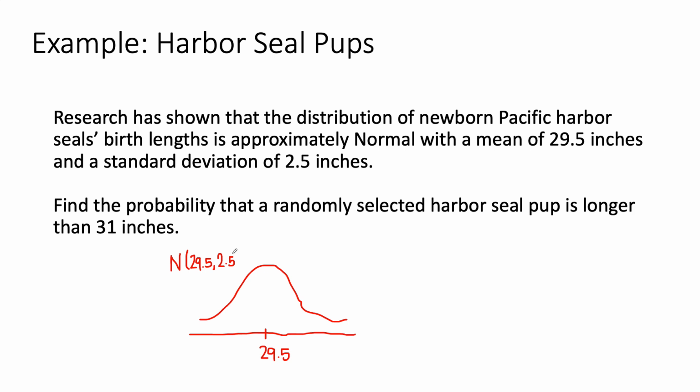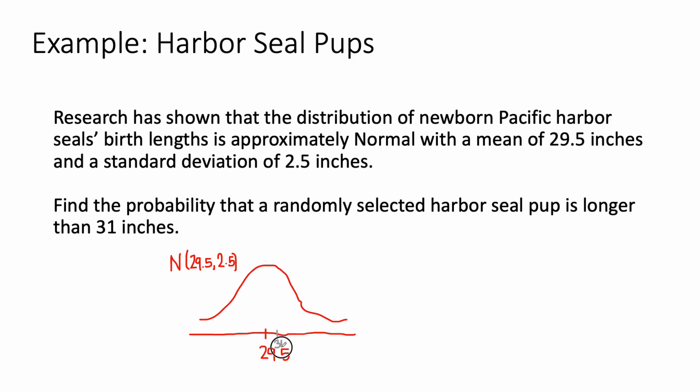Okay, I want the probability that a randomly selected harbor pup has a length longer than 31 inches. Let me switch my color here. Let's say gray. So 31 inches is not even one standard deviation away from the mean. So let's mark it here.